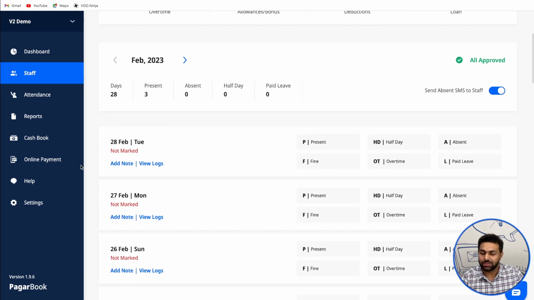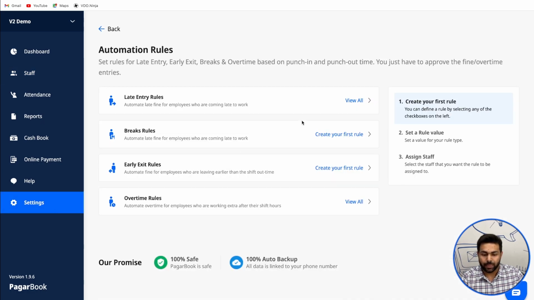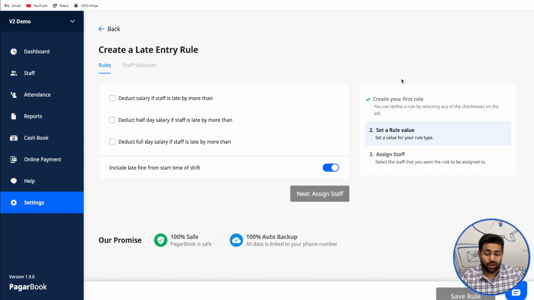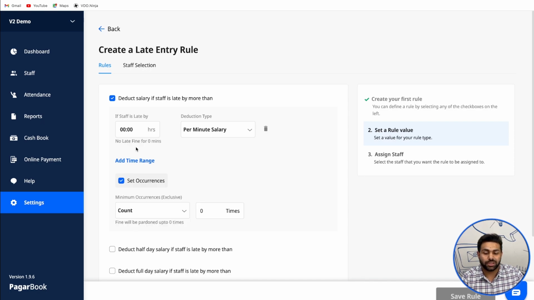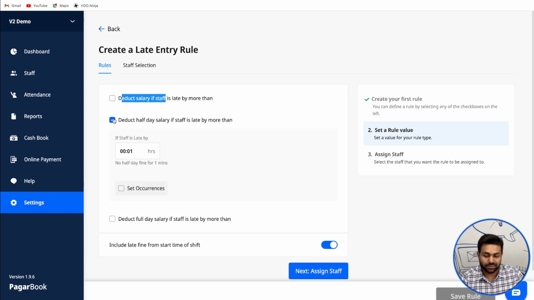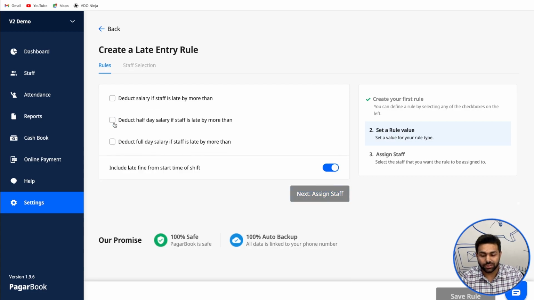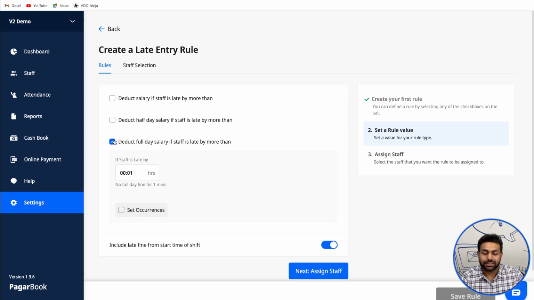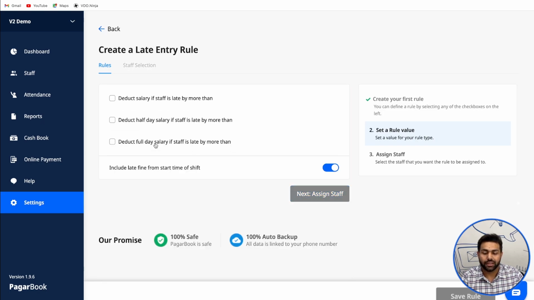So this is how pardoning the fine works. Now we also have an option of set occurrences for all these three options, that is deduct salary. Again we have the same option in half day where we can set occurrences for half day fine, and also we do have set occurrences option in full day fine.